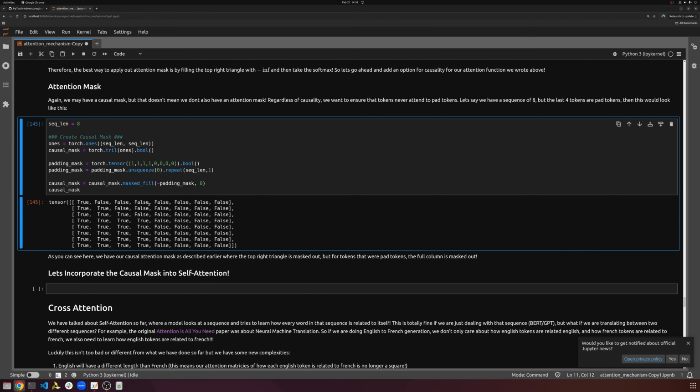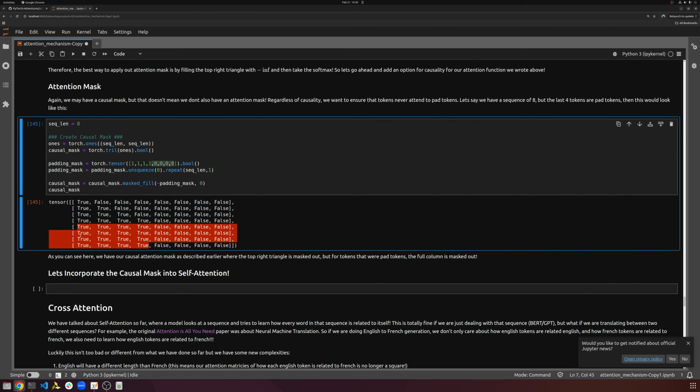The model will learn, in this case, how these 4 pad tokens are related to the actual first 4 words of the data. And this is basically going to tell the model that these pad tokens come after.